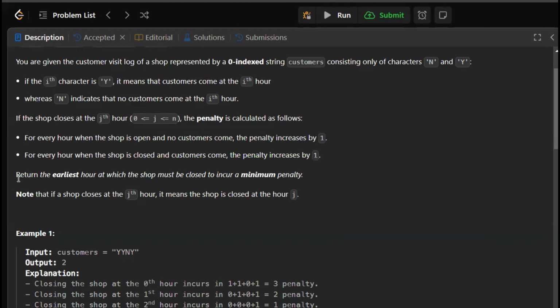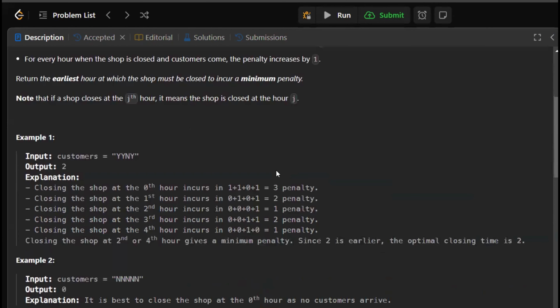We have to return the earliest hour at which the shop must be closed to incur a minimum penalty. Note that if a shop closes at the jth hour, it means the shop is closed at hour j.